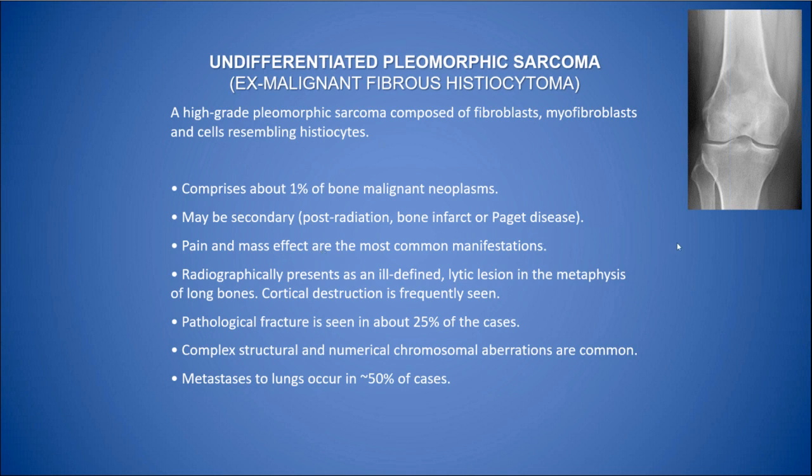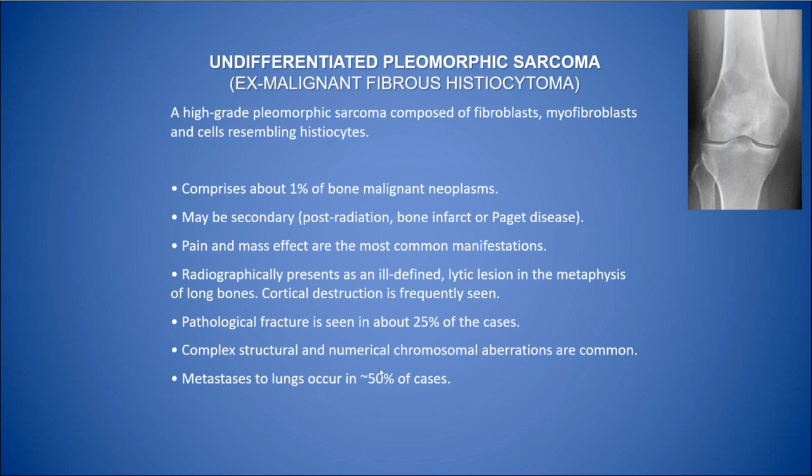Pain and mass effect are the most common manifestations of undifferentiated pleomorphic sarcoma, and radiographically it may look identical to a fibrosarcoma. Ill-defined permeative lesion with cortical destruction, soft tissue extension. Pathological fracture may be seen very commonly, and they really have nothing specific genetically.